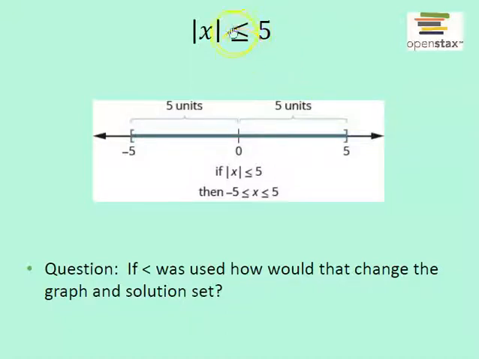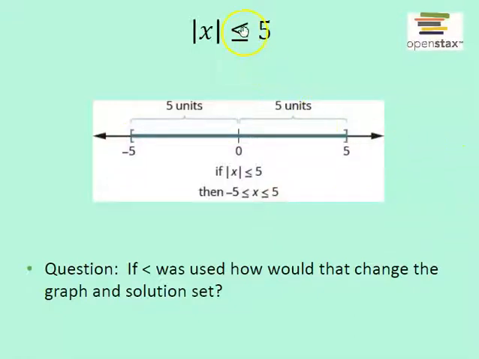If we replace the less than or equal to with just a less than, all that does is take out the possibility that negative 5 and positive 5 are solutions to this statement. In the compound inequality, we would have strictly less than for each of these inequalities. We would not have the case or equal to. So we would have parentheses at each of these endpoints for our interval.